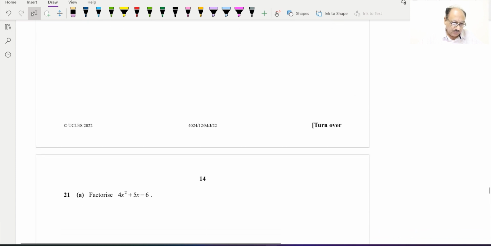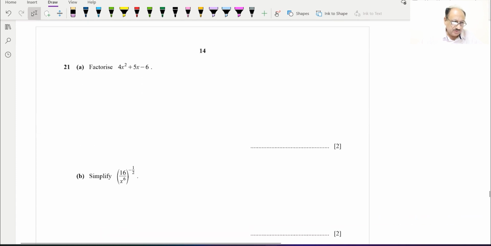This is done. Now we can move to the factorization question, and this is question number 21. Factorize this completely. We can basically make pairs, so this will be 4x squared plus 8x minus 3x minus 6.